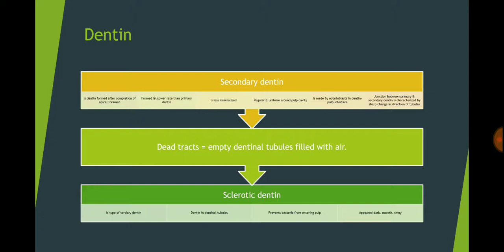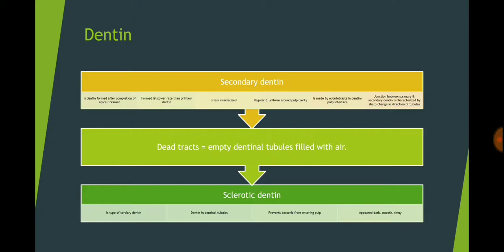So the interface between dentin and the pulp is where the odontoblasts lie, and those odontoblasts are going to make dentin. The junction between primary and secondary dentin is characterized by a sharp change in the direction of the tubules. That's how you know there's a junction between the primary dentin and the secondary dentin.